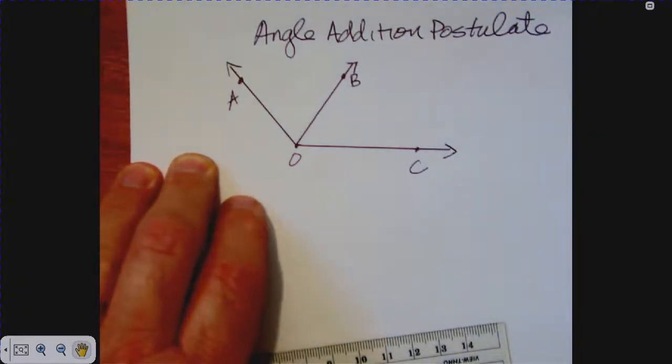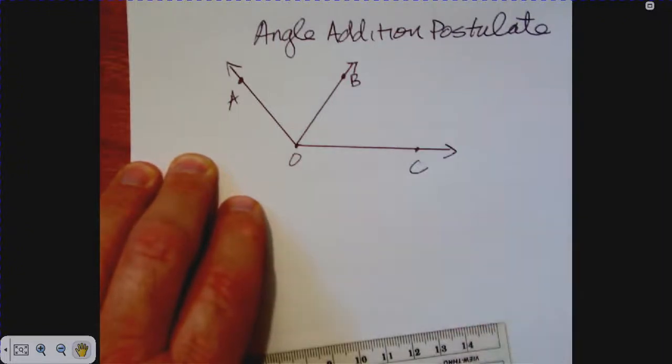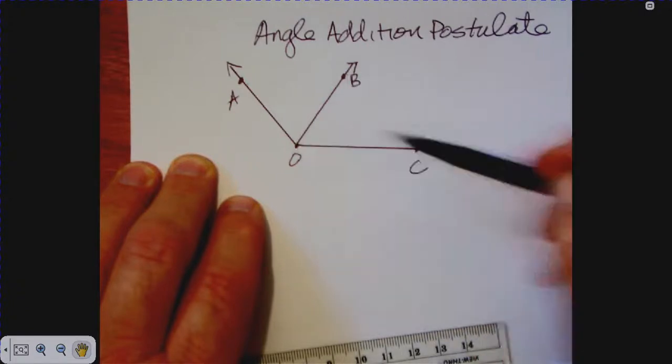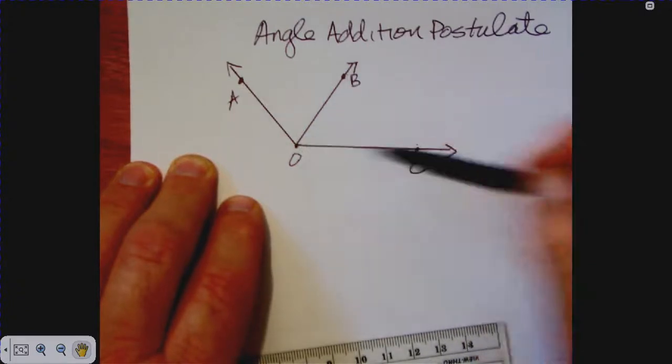So I basically have 3 angles: AOB, BOC, and AOC.